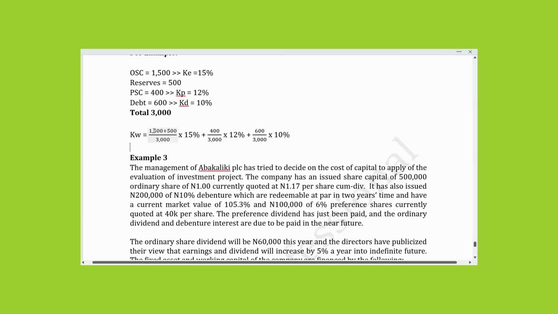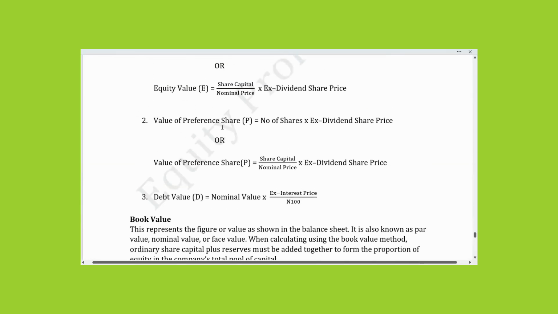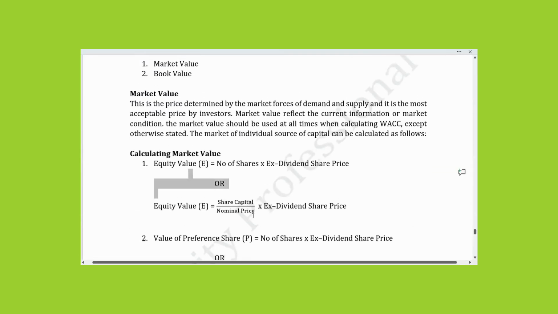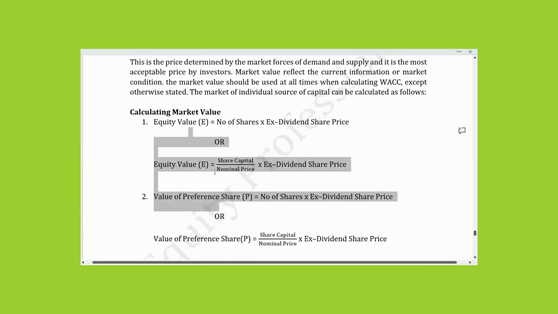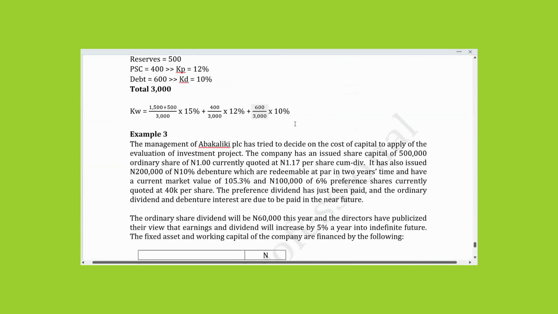So you are using book value to do the weighting of your cost of capital. If you want to use market value, whatever the figure you have here is what you are going to use for your weighting. All right. So this is what you need to do when you want to calculate WACC.